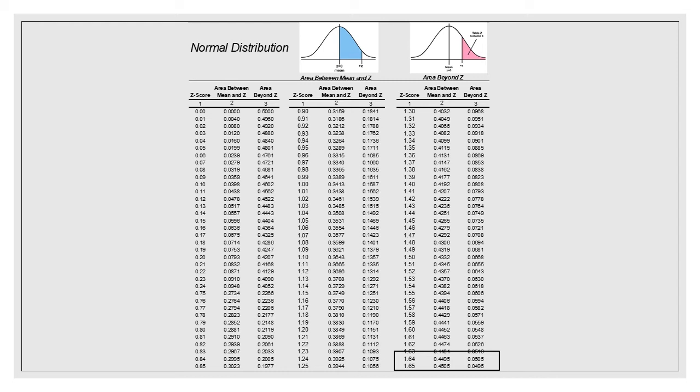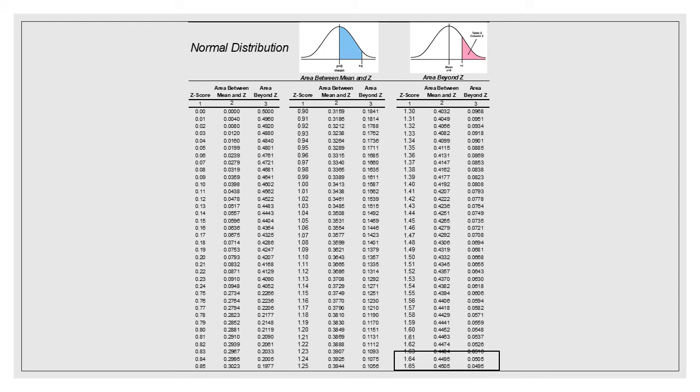You see they're almost in the area beyond the z. If you look at that column, they're almost 0.05. So 1.645 is the number we interpolate to be 0.05. That's how you would look this up in a table for the area beyond the z, which is into the tail.